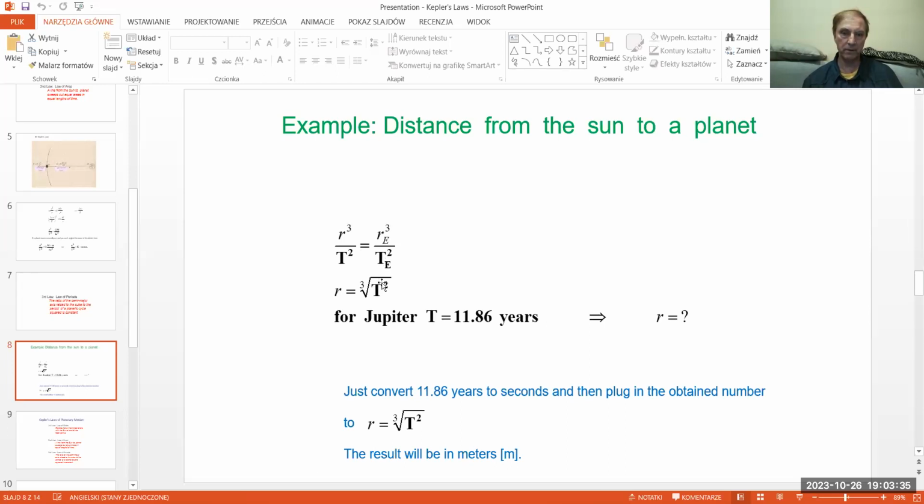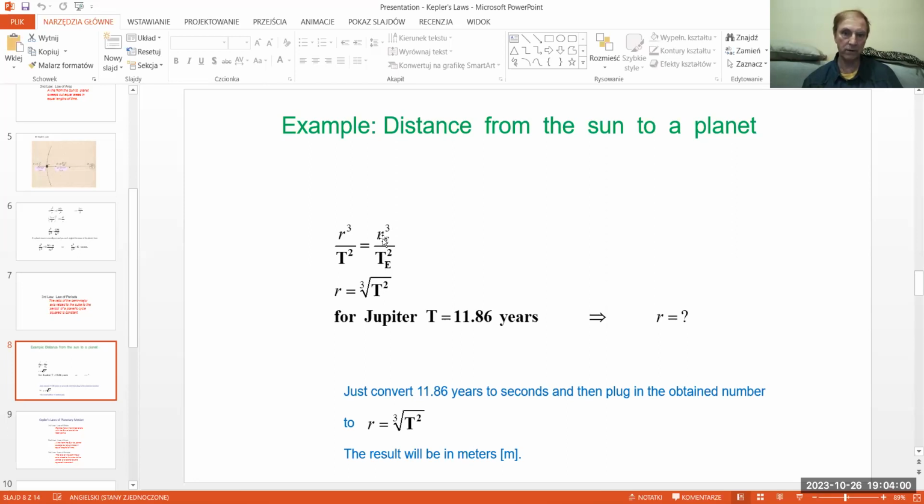Let's assume that the semi-major axis for the Earth is 1 astronomical unit, and the time of the full revolution of the Earth around the Sun is 1 year.